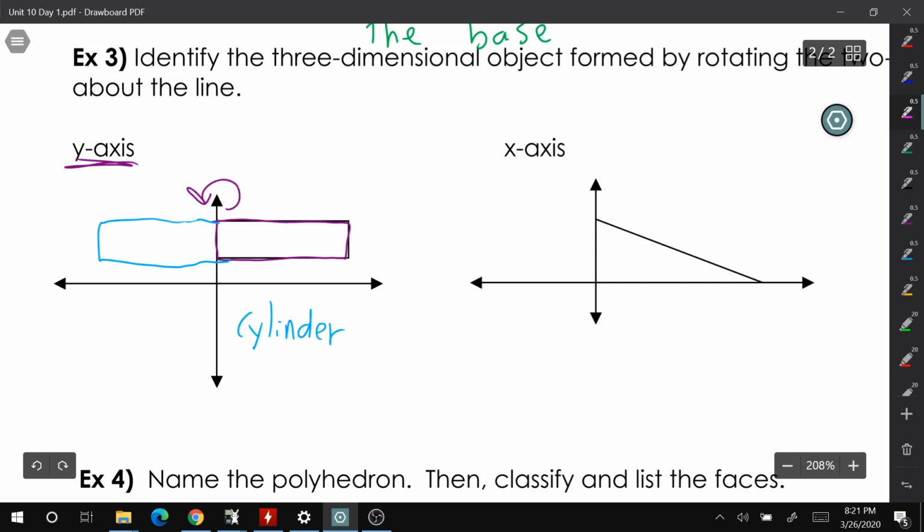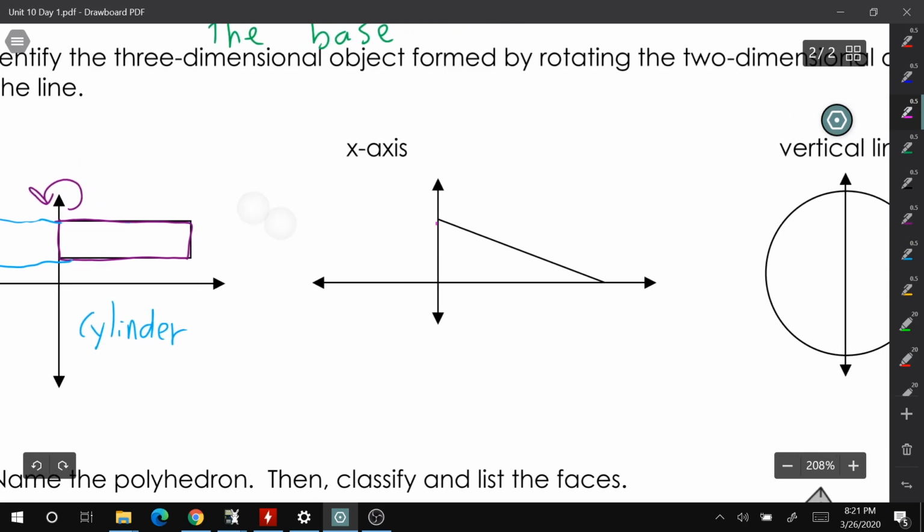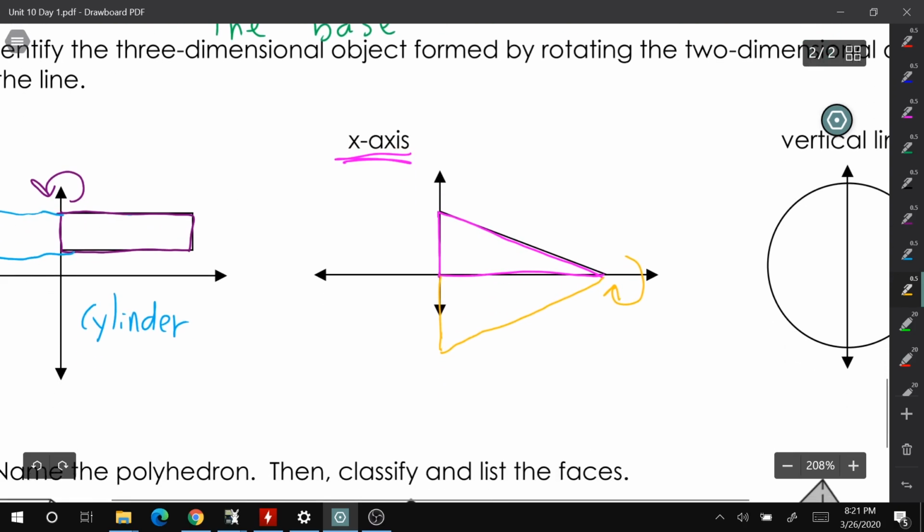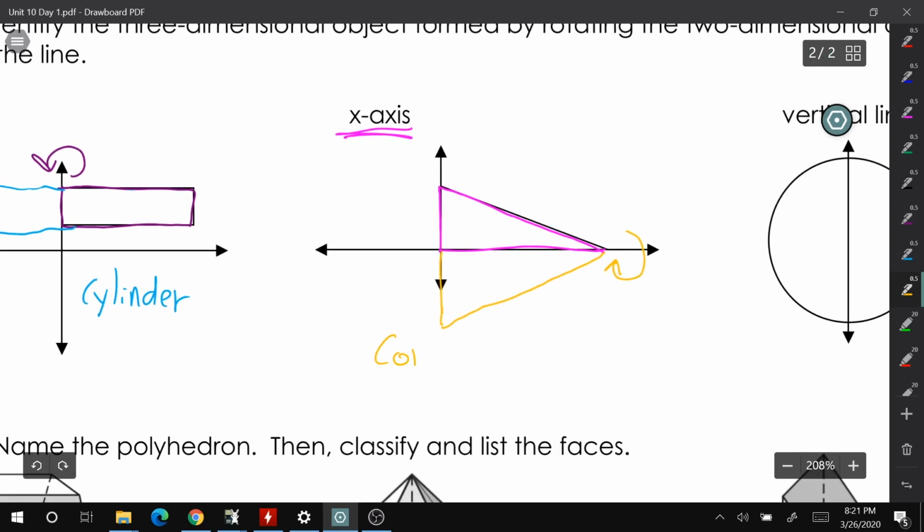And if we look at this shape over here, this triangle, and it's rotating over the x-axis, okay, so here's the x-axis, it's going to be rotating, and when that happens, it's going to look something like this, and as it rotates, it will become the shape of a cone.